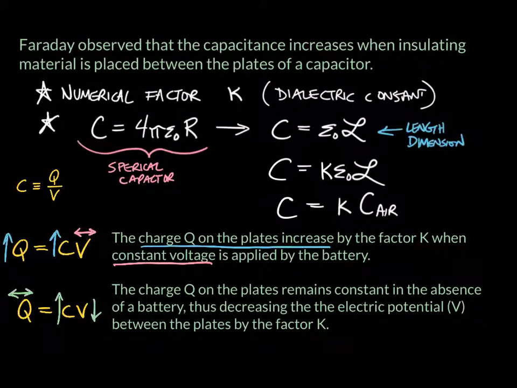So if one thing went up, the other thing had to go up when the battery was involved. But in the second one, it's impossible to maintain constant voltage. You're stuck with constant charge, which means the other two have to, what the one does, the other does the opposite of, okay? But in this second one, it actually matches.